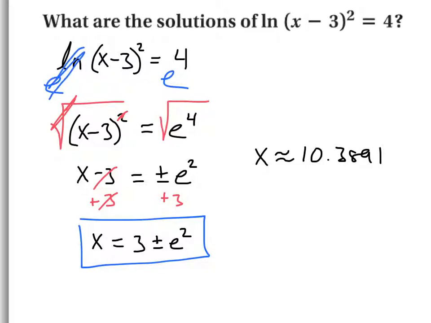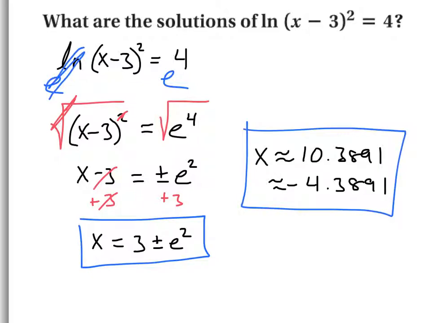I hope you didn't grab a calculator for that one. It's 7 plus 3, 10.3891. Well, now we need to do 3 minus e squared. 3 minus 7.3891 is negative 4.3891. There's our approximations.